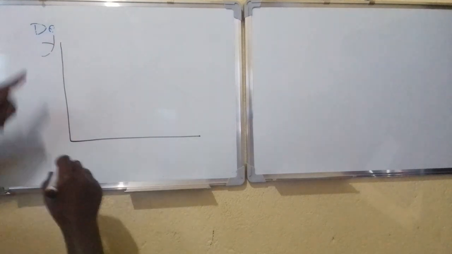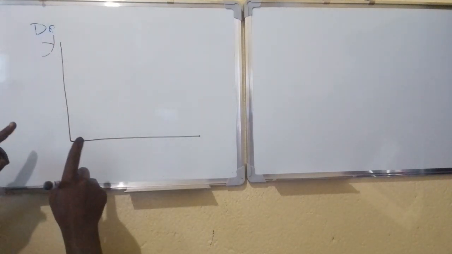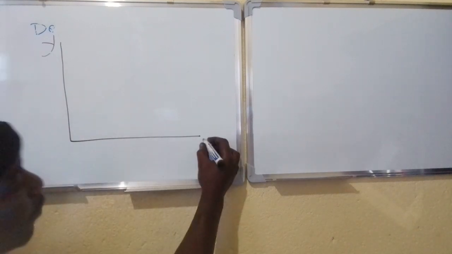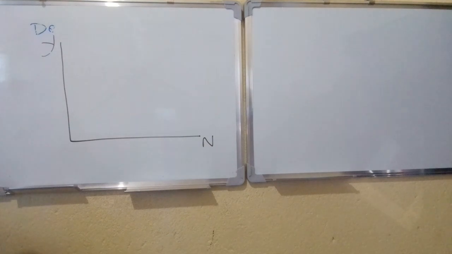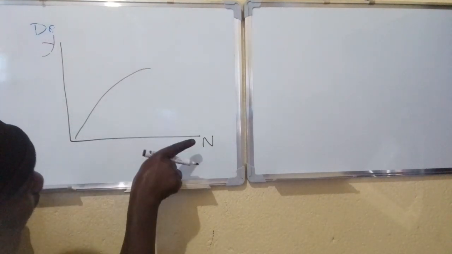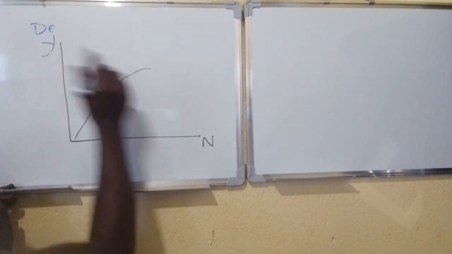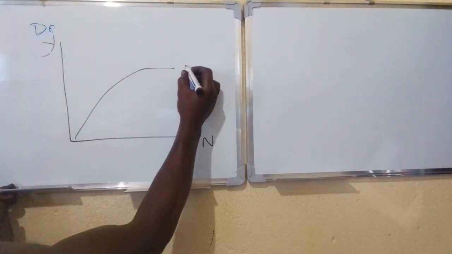Remember, Y always is here. But when you're doing this, the Y now shifts to here, and N represents employment levels. So the relationship is that as employment levels increase, production levels increase, but at a diminishing rate. So this is a production curve.